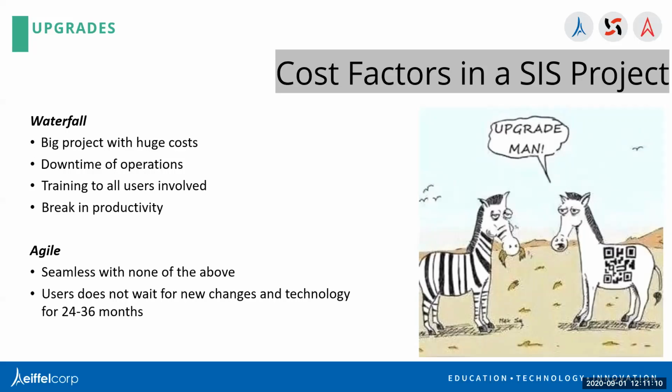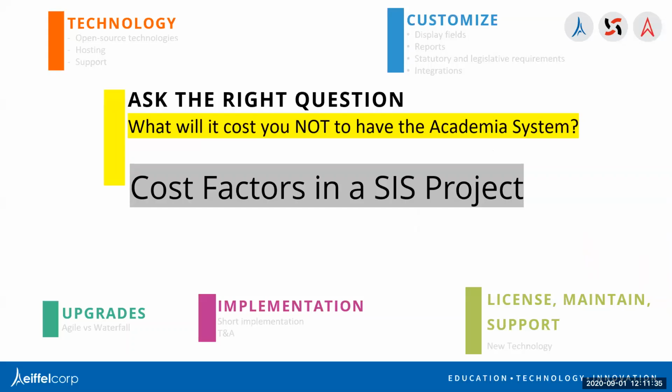The users do not have to wait this long period before they get the changes. And again, you can only do that from a software side if the technology that you use does allow for it, and it is available in your development strategy of the software. Academia has been designed like that from the start.